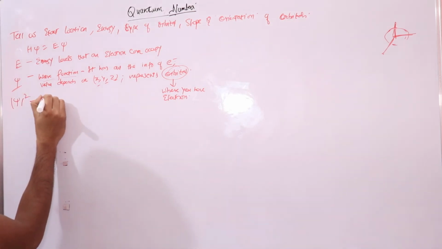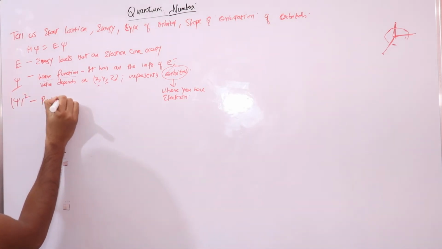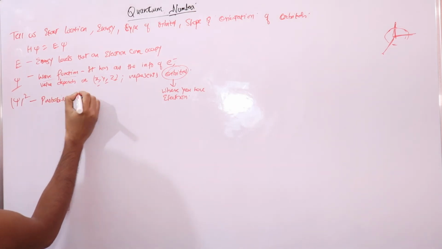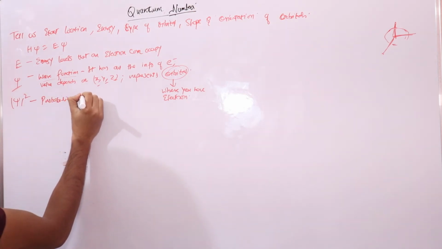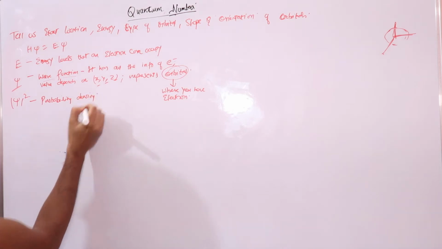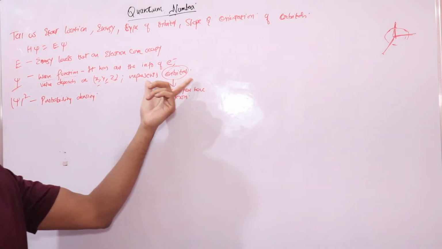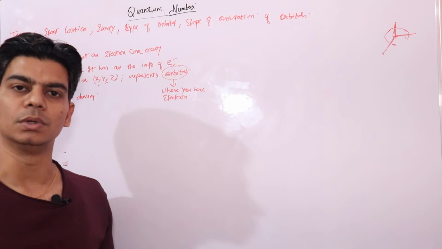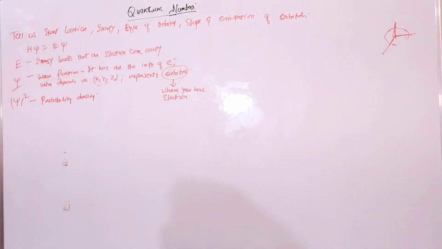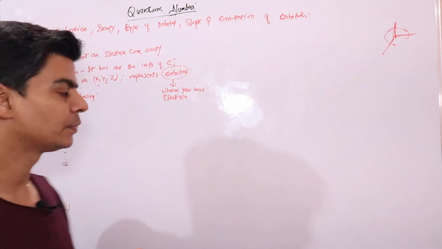This was your probability density, right? So this orbital, which is an electron cloud, is constructed using the value of psi square at various points in three dimensions, right?